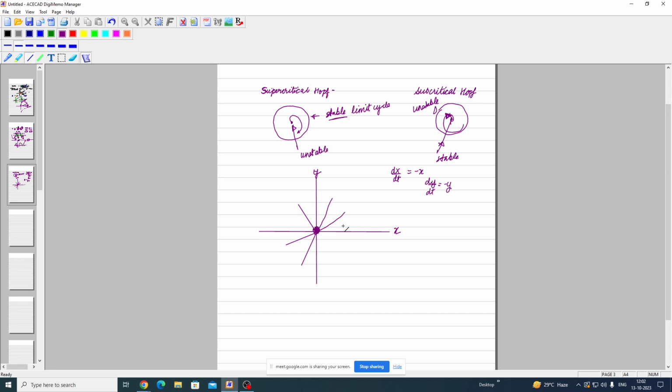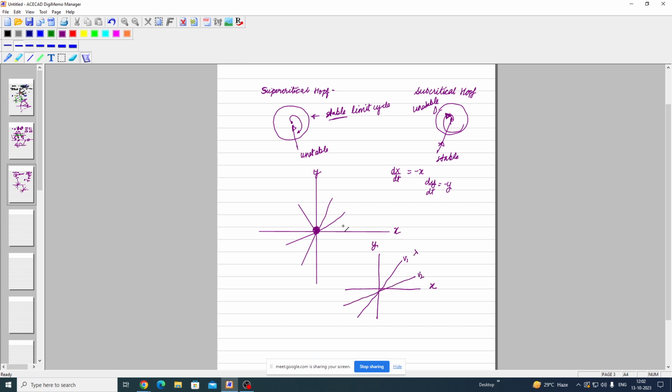Remember I told you that I shared this with you earlier, that the flow lines are always tangential to the slower eigenvector. So for example, if this is x and this is y, and let's say this is eigenvector 1 and this is eigenvector 2.